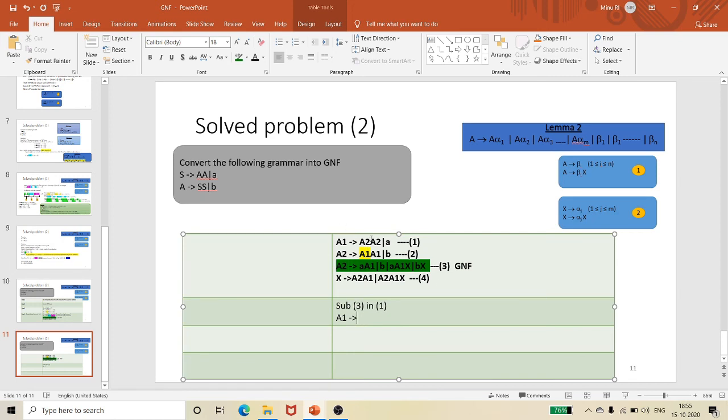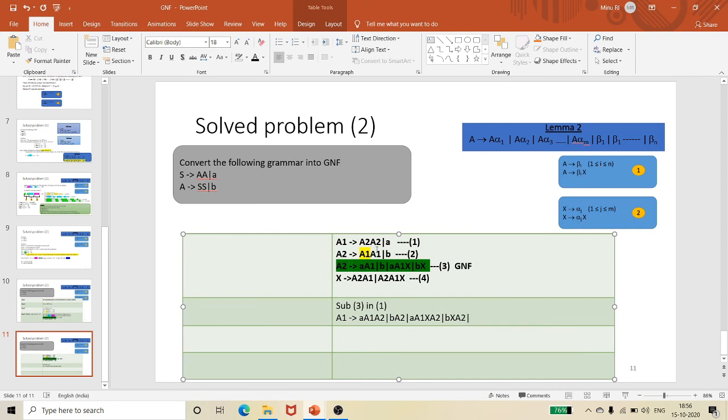A2 is this entire thing, followed by A2.